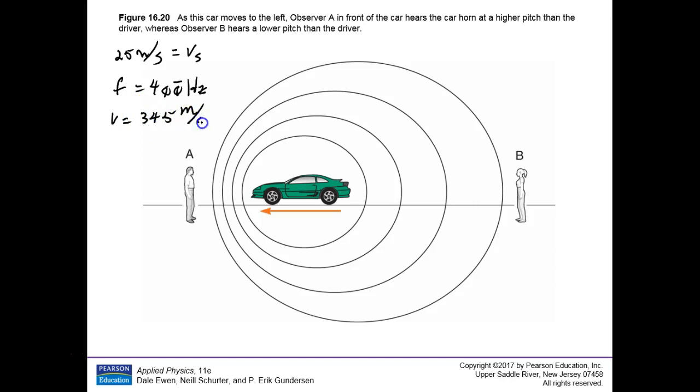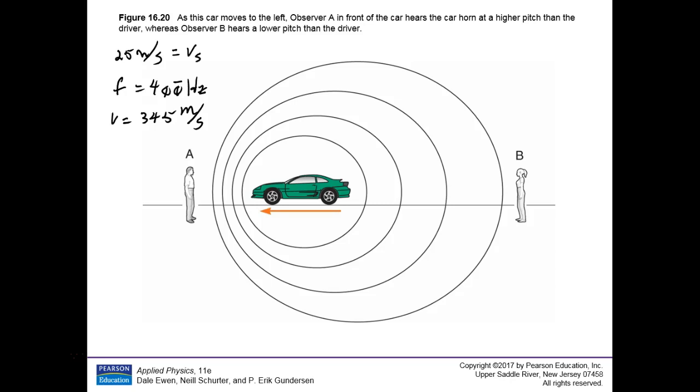meters per second. And if you go back to table 16.1 on page 437, we see that the speed of sound in dry air is about 331 meters per second, and it increases by 0.61 meters per second per degree.